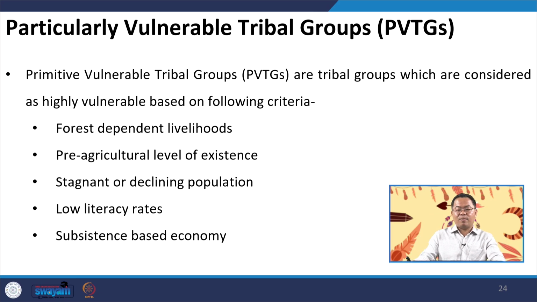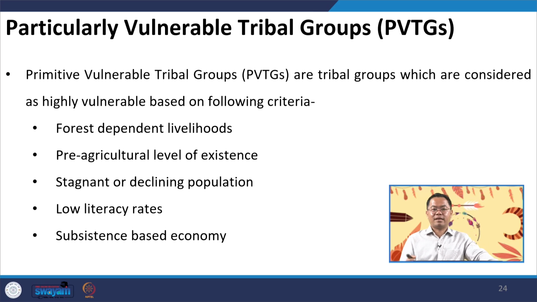Stagnant or declining population: you will see that for many of the PVTGs there is a fear of extinction, in the sense that their numbers are very low. And very, very low literacy rates. Now, in India, post-independence, India as a country has achieved phenomenal success when it comes to literacy, right.